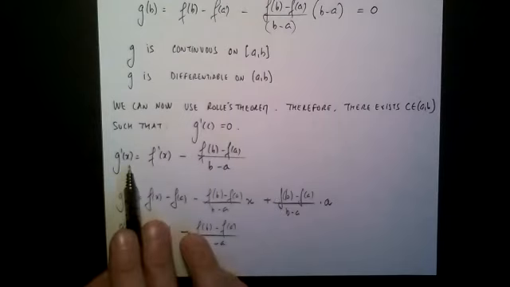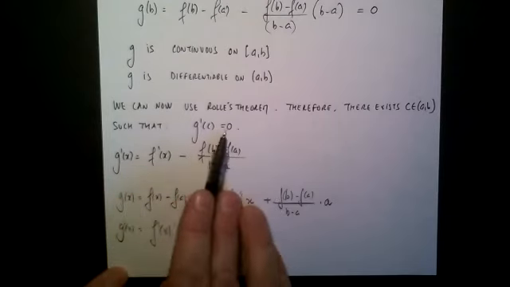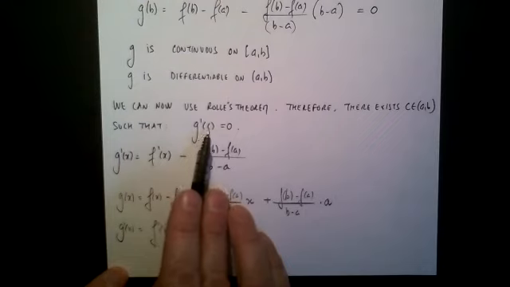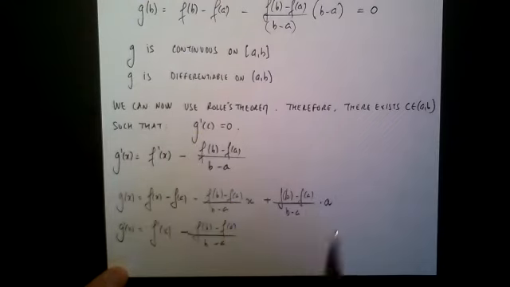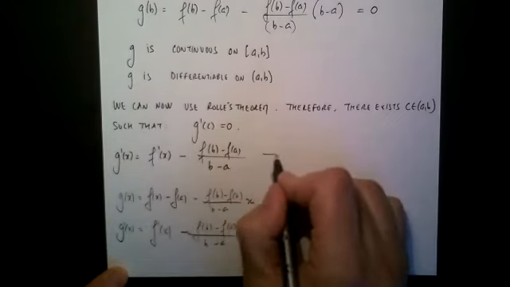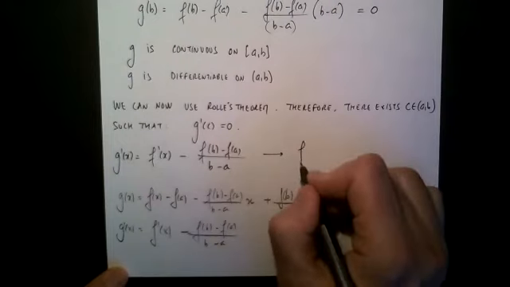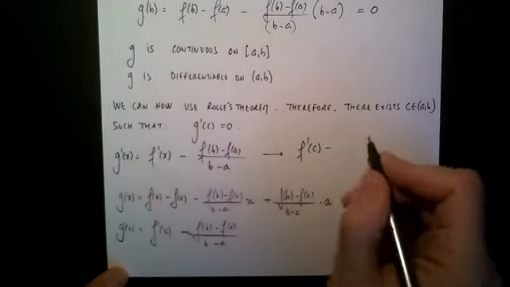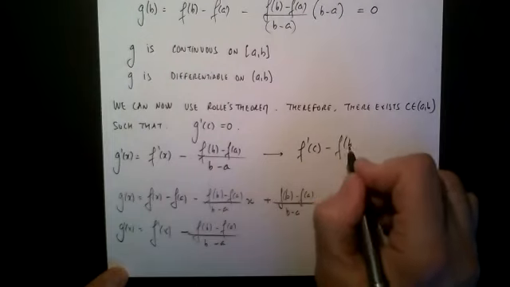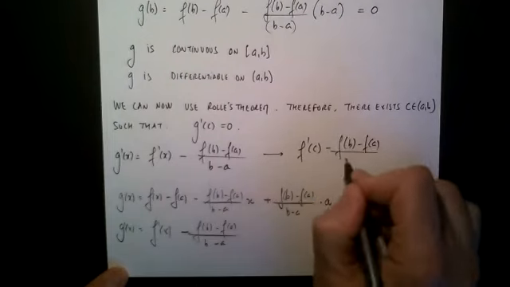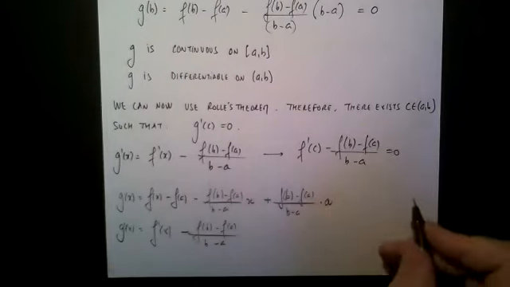So I found G prime of X is this, and it tells me that there is a value C for which G prime of C is 0. So therefore, F prime of C minus F of B minus F of A over B minus A equals 0.